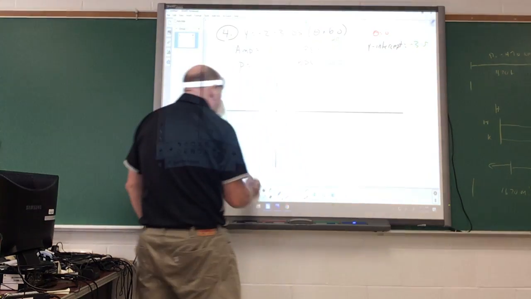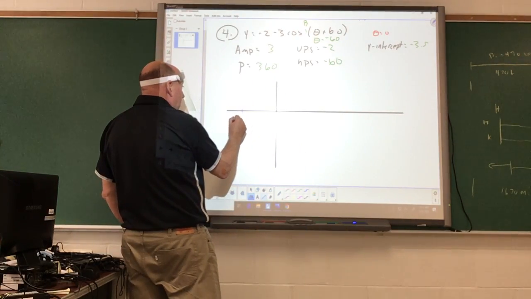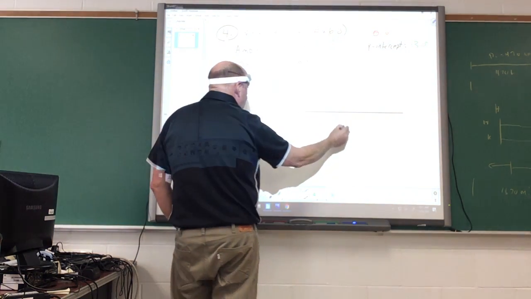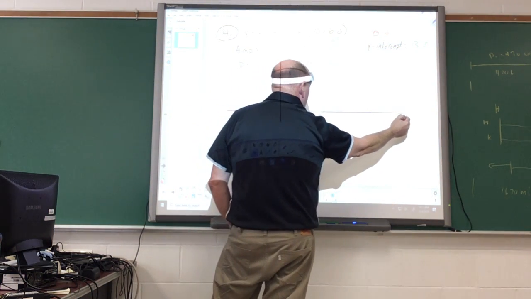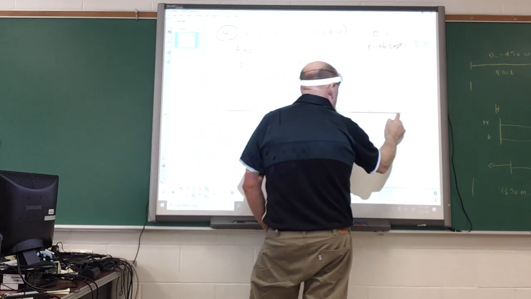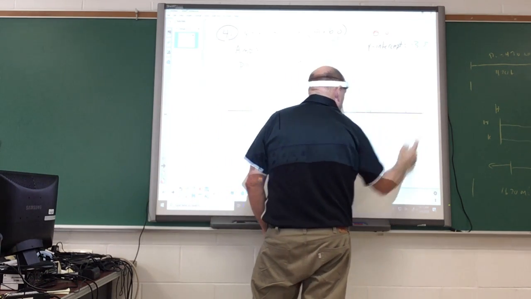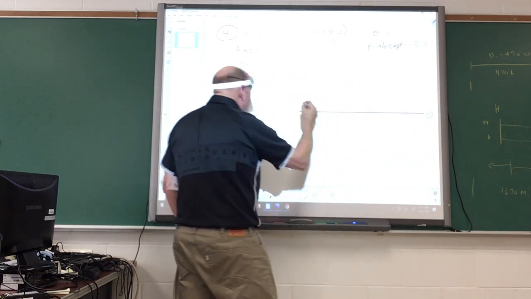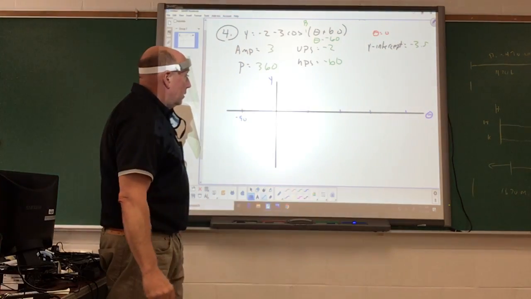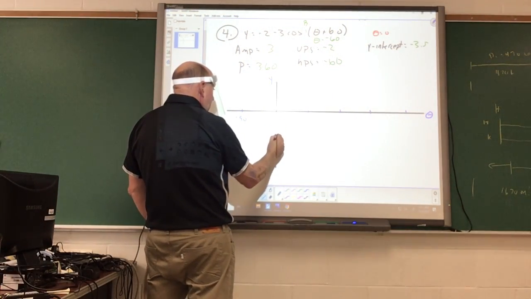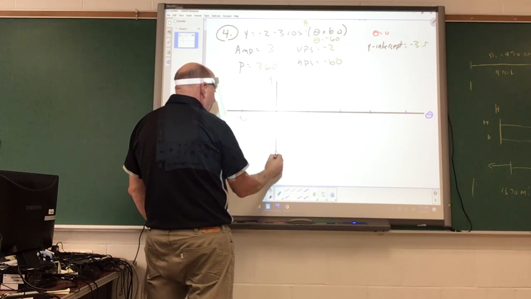So if I count out by 90s, 270, I made one of these a little too big. Here's my x-axis, here's my y-axis. And once again, I need to be able to go down to at least -5.